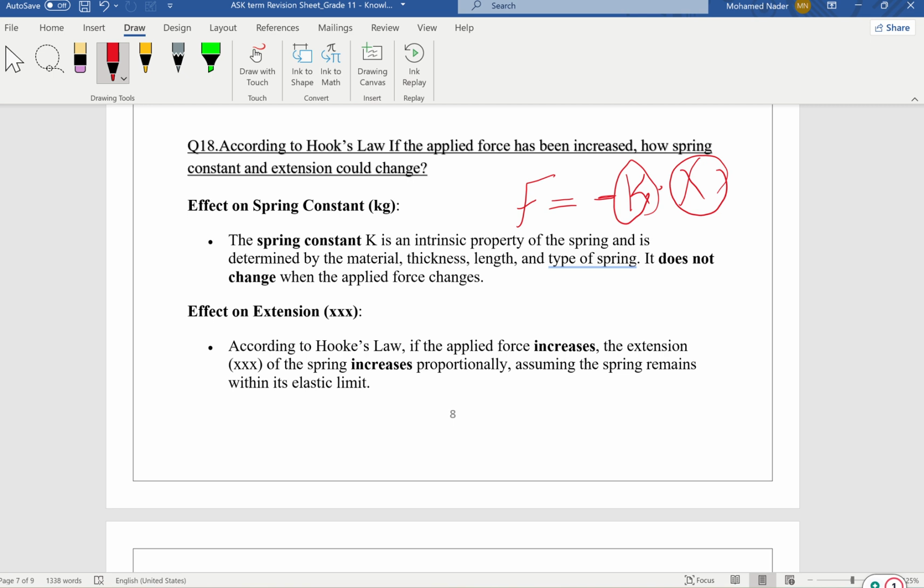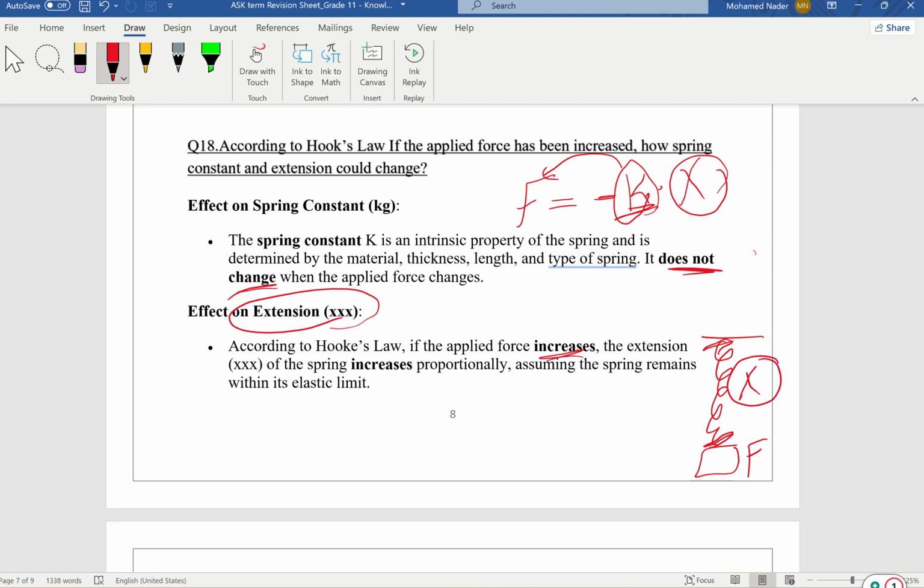You will find that there is no relation between the spring constant and the force, because the spring constant is the quality of the spring, which means that it does not change at all. However, the extension will increase whenever we have more mass or more weight. Like here, if I'm adding more weight or more force, it means that the extension will increase.